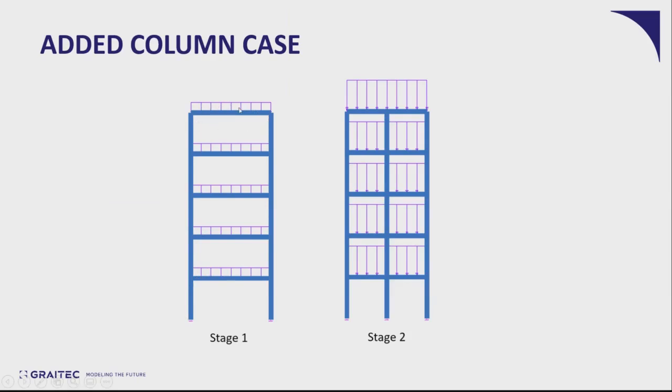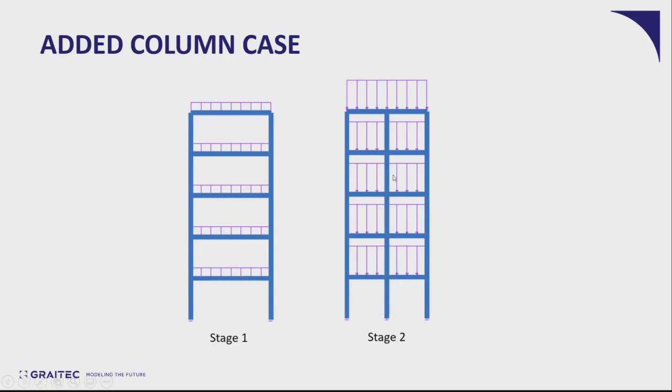Now we're doing some renovation work and we're changing the use of this structure. This change in use will result in an increase in the superimposed dead load on the structure. For this reason, we will try to reinforce the beams over here by adding a column.